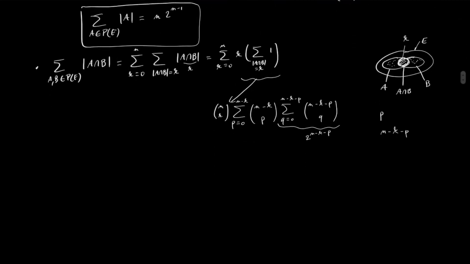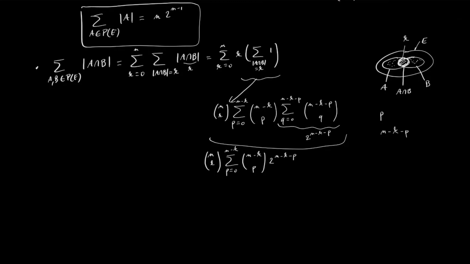So, in other words, this sum is equal to n choose k, sum from p equals 0 to n minus k of n minus k choose p, 2 to the power of n minus k minus p.